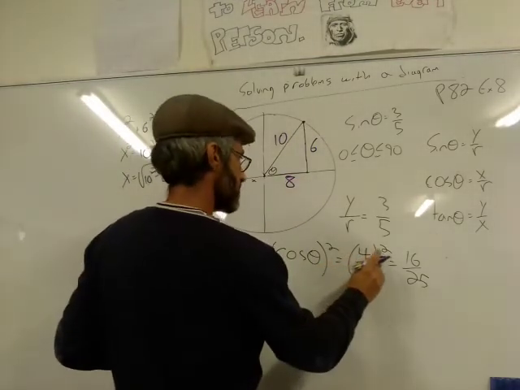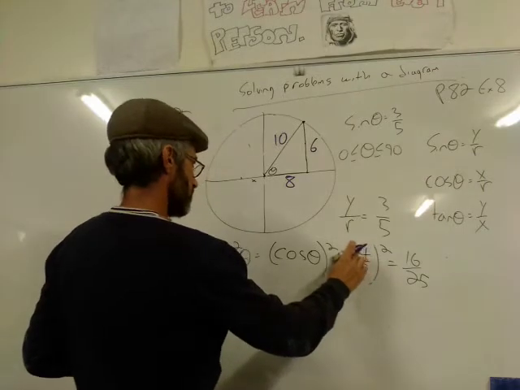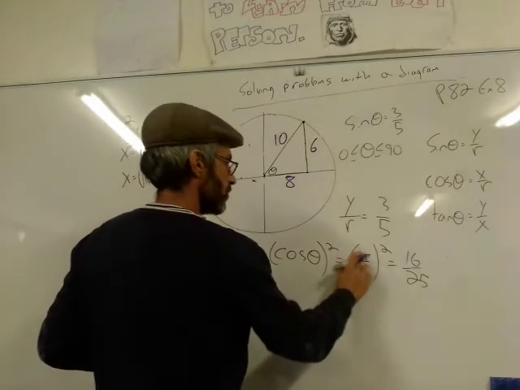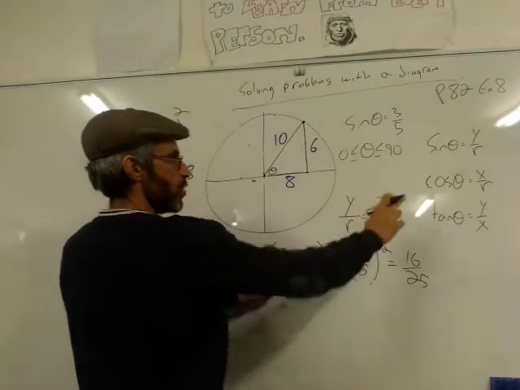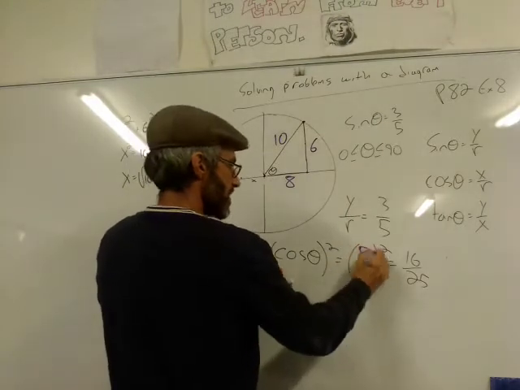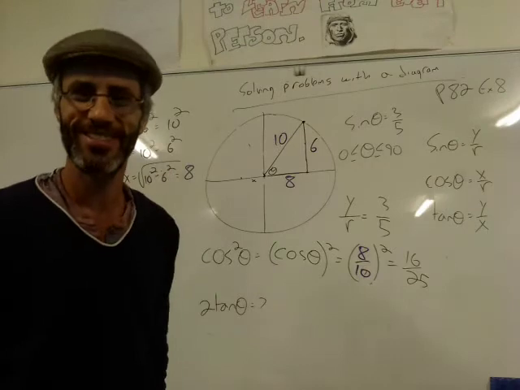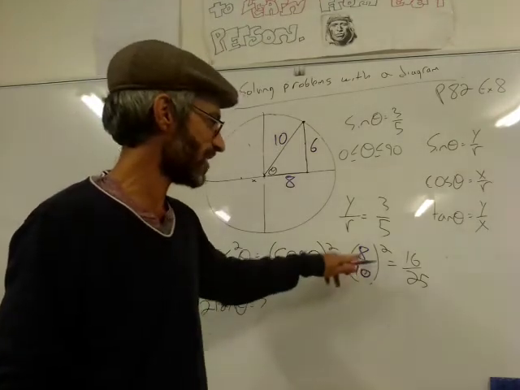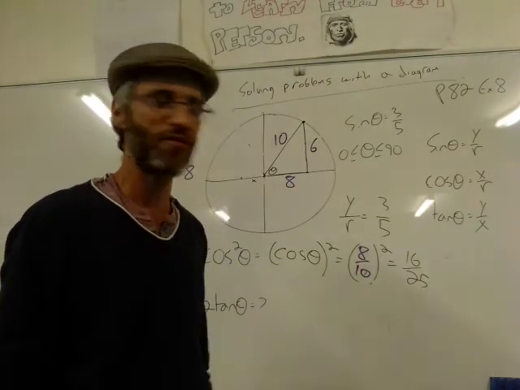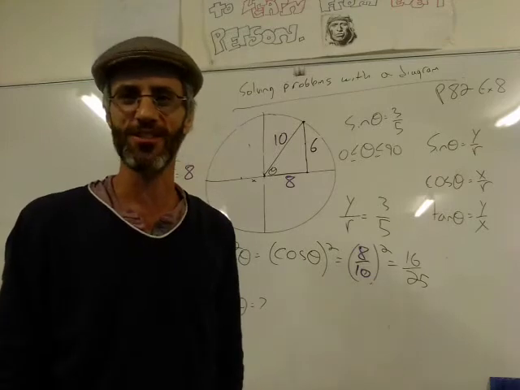And then we're going to write down, instead of x, right? Cosine is x over r. X is going to be 8, and r we said is 10. It's still going to be the same thing. You can check that. 8 over 10 is the same as 4 over 5. It's still going to be the same answer.